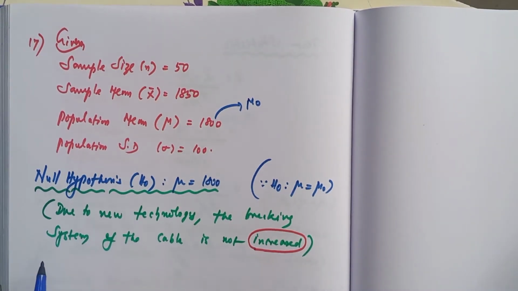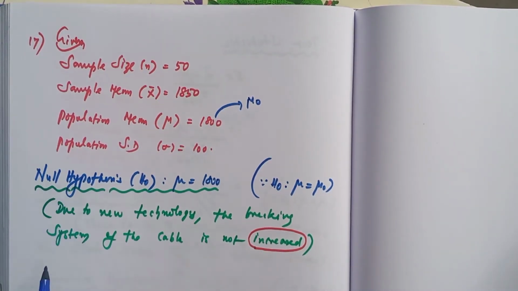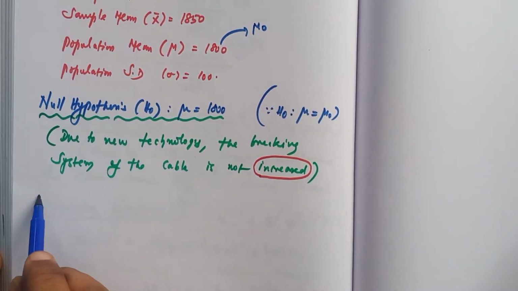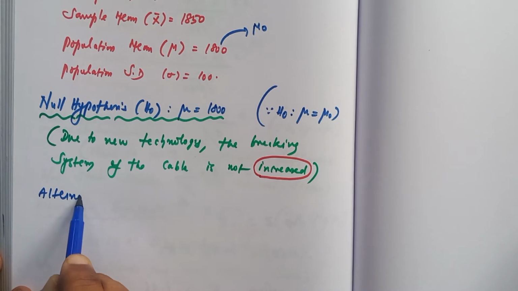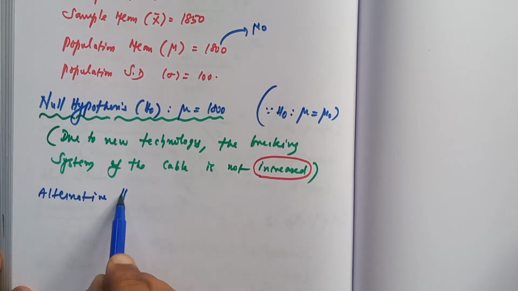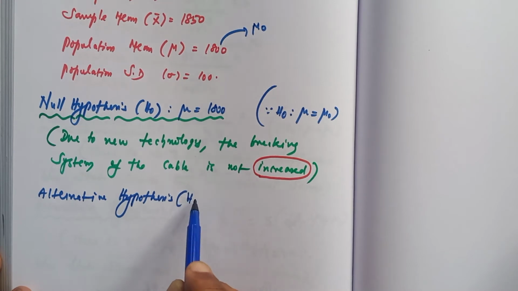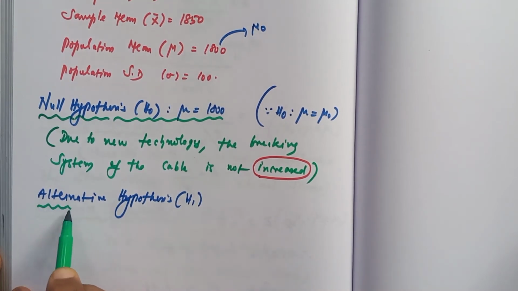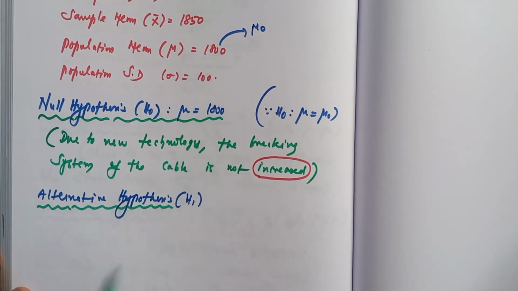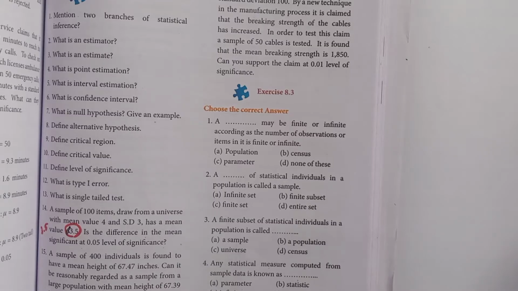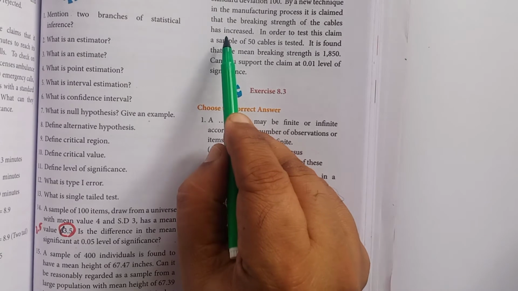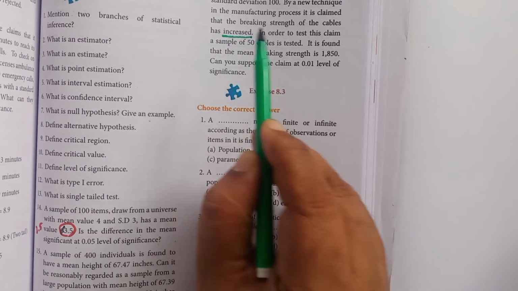Now we can go for the complement of the null hypothesis, that is the alternative hypothesis, H1. Now we have to verify the question. Look at the word increased.